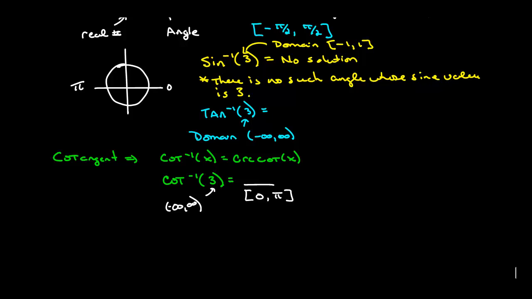Now this is just a convention for the way that we're defining the arctangent and the arccotangent. It really has more to do with the way that the graph looks. But this is the way that it's defined. So outputs for arccotangent are going to be equal to this. Okay. So now let's go ahead and talk in the next video. Let's talk about secant and cosecant.